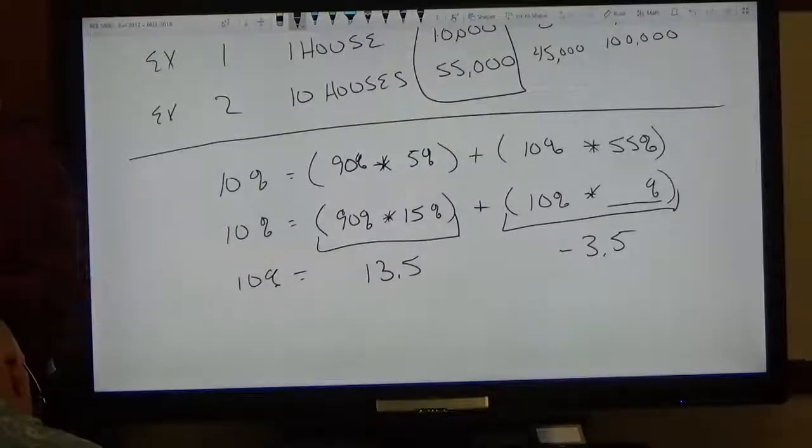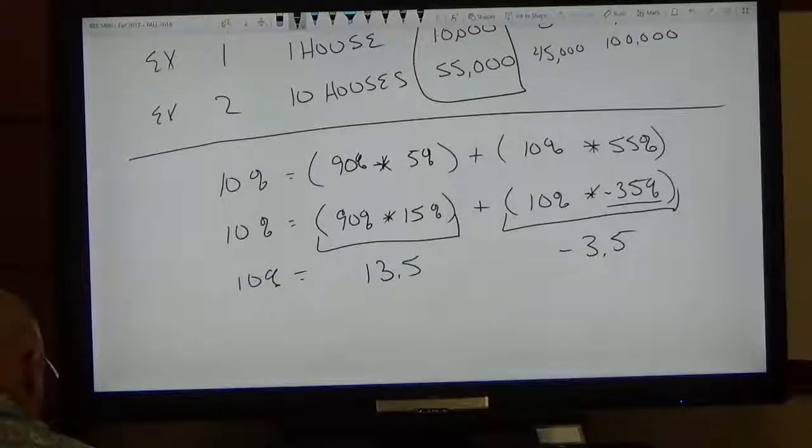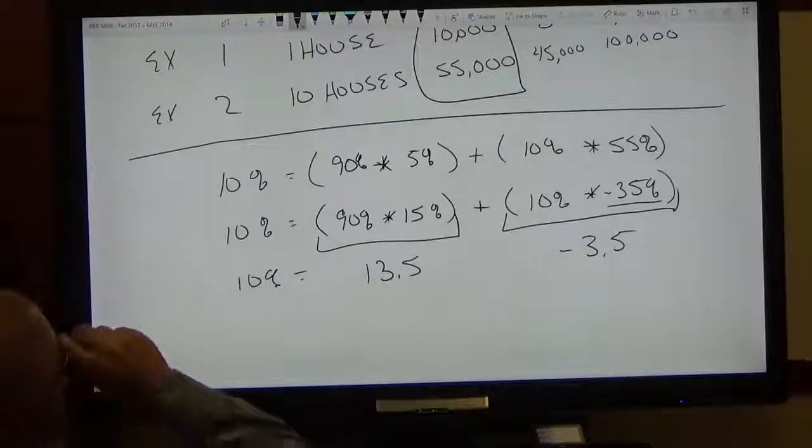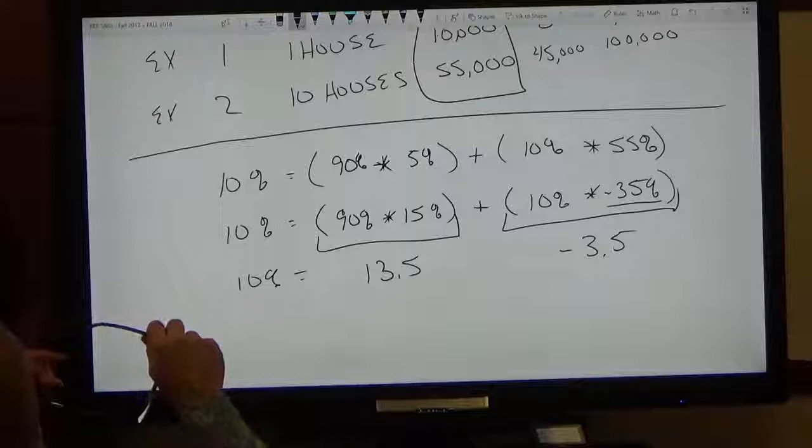If that's the case, negative 3.5 means a negative 35% return on equity. Meaning that for every dollar we invest, we are losing 35 cents. Not a good thing for us.